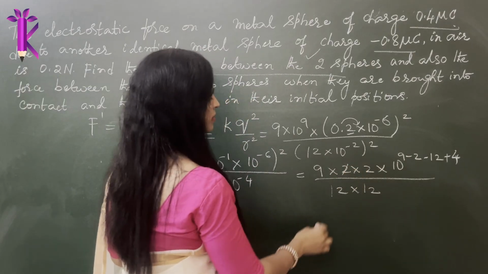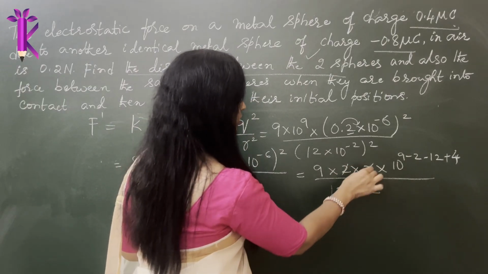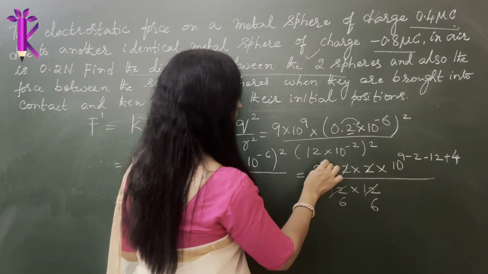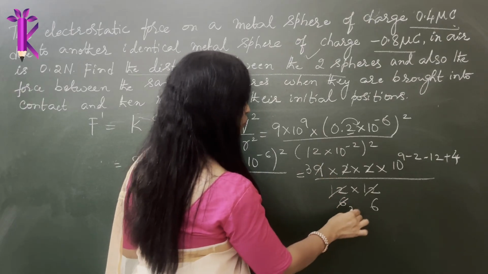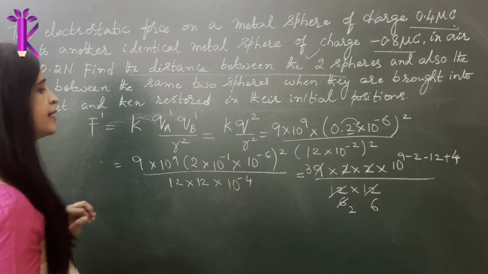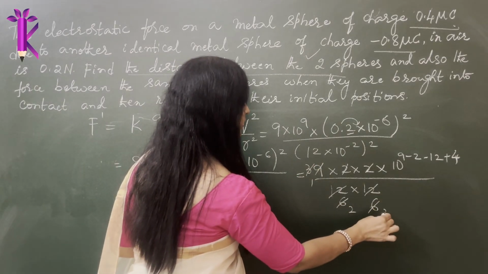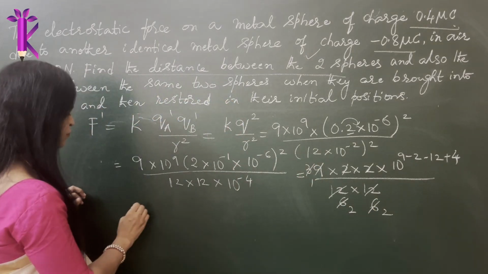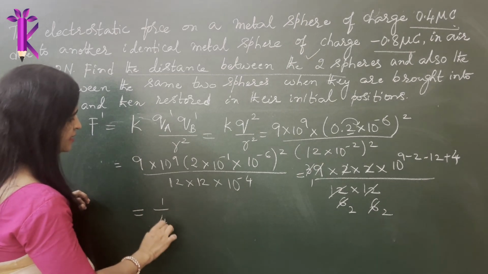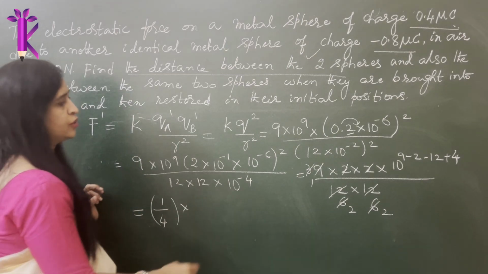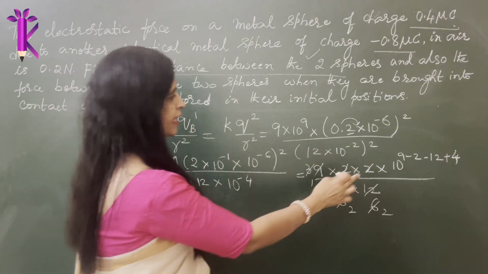So 3 1s are 3, 3 2s are 6. So 1 divided by 4 is the answer here. 1 divided by 4 into 10 to the power of 9 is plus 9.